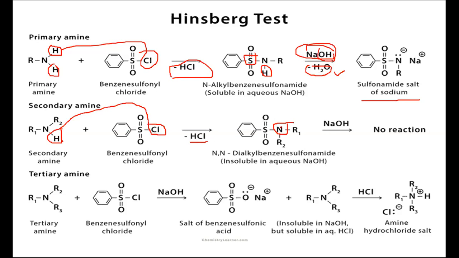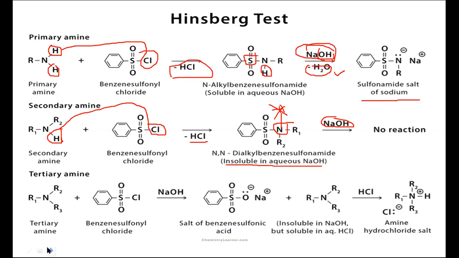Here there are no hydrogens, therefore it won't react with sodium hydroxide. That's why you get N-dialkyl benzene sulfonamide, which is insoluble in aqueous sodium hydroxide, whereas the earlier product is soluble in aqueous NaOH.